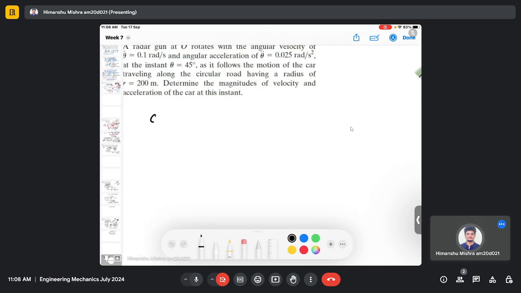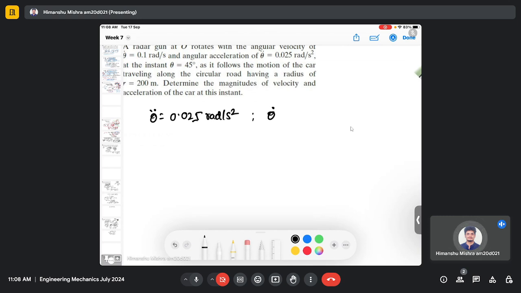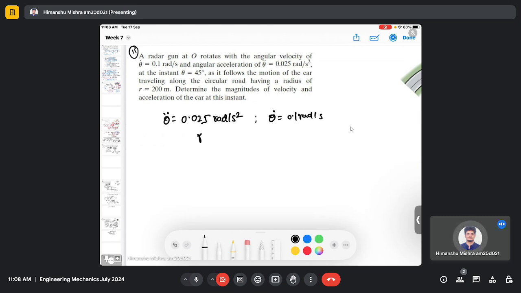We have theta double dot, which is 0.025 radian per second square, and theta dot is 0.1 radian per second. We have r, which is 200 meter, and we can see it's a constant, which means that r dot and r double dot will be 0.